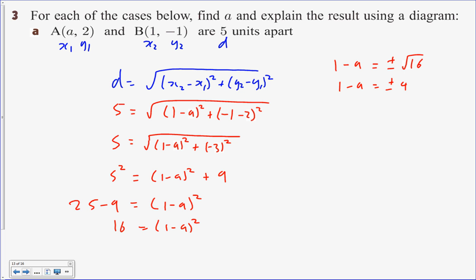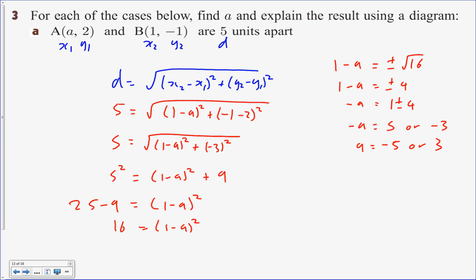So therefore, negative A is going to be 1 plus or minus 4. So negative A is going to be equal to 1 plus 4, which is 5, or 1 take 4, which is negative 3. Now we need to divide by negative 1, so A is going to be negative 5 or 3.